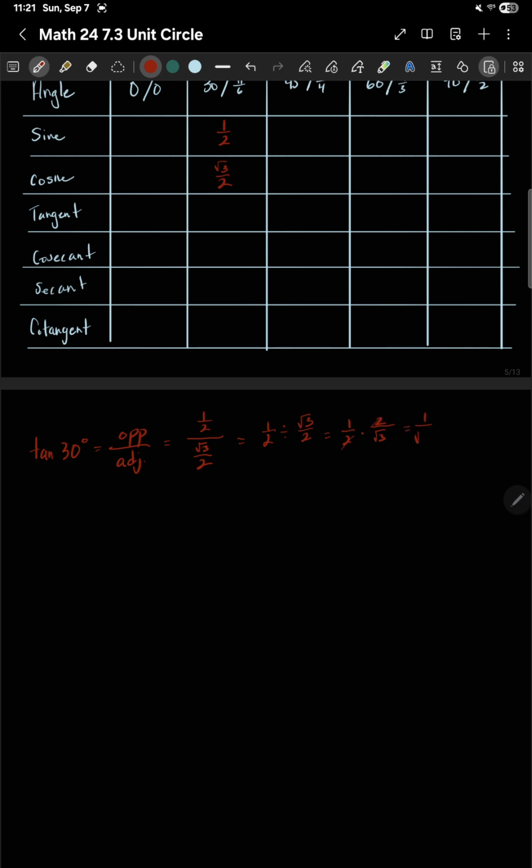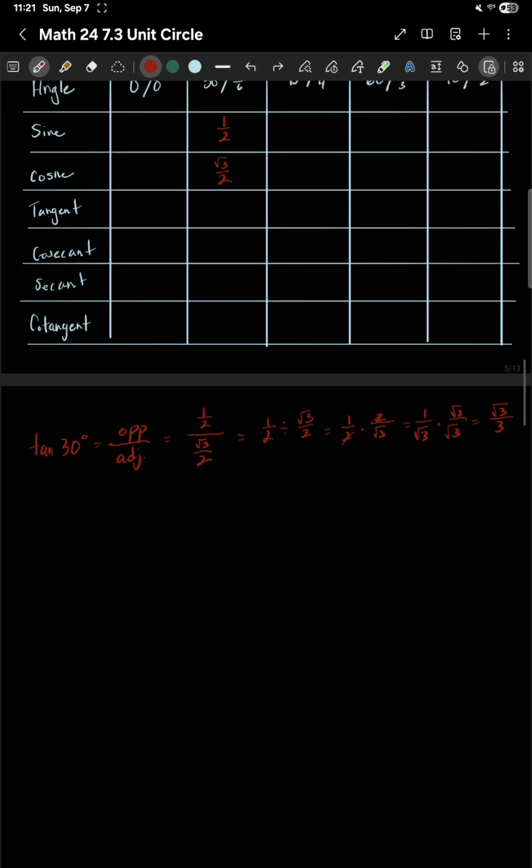We get 1 over the square root of 3. And now we rationalize it by multiplying square root of 3 on the top and the bottom. And so we get the square root of 3 over 3. So we have tangent of 30 degrees is the square root of 3 over 3. And I'll write that a little bit neater so that we can see that a little more clearly.